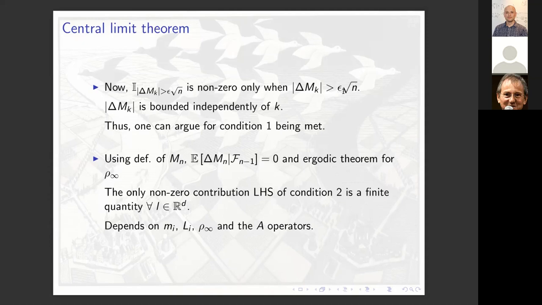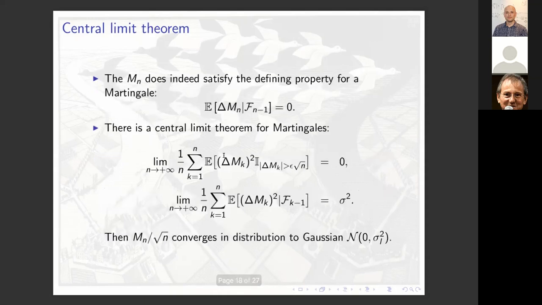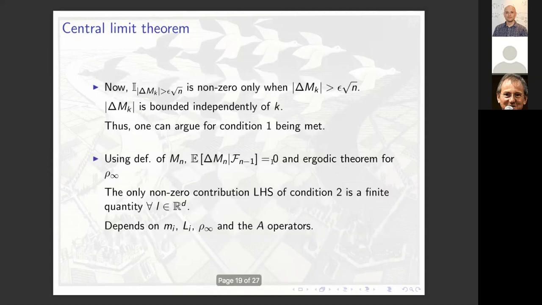Epsilon can be as small as you like. As long as you have this condition, you've got the identity matrix here, right? So this expectation value, the sum, this delta m squared is weighted by this operator here.